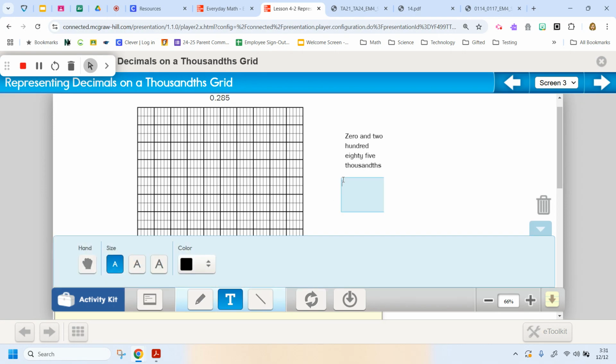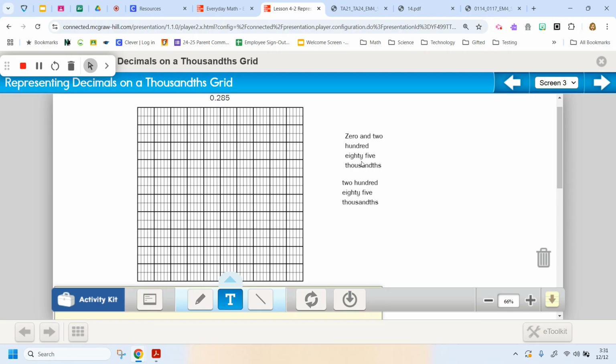Or I could also call it 285 thousandths, and leave the 0 off. So either one of those are acceptable names or equivalent names for this decimal number.